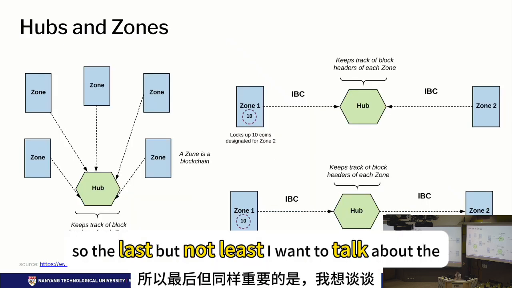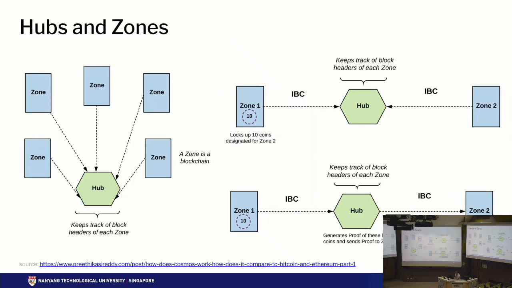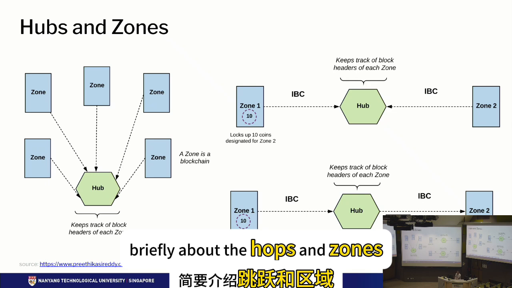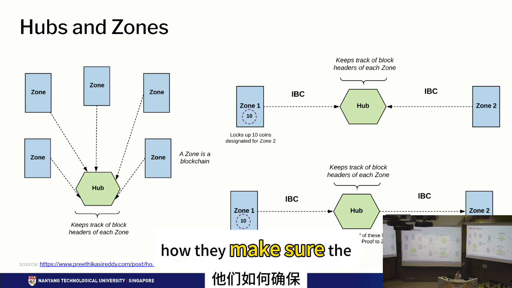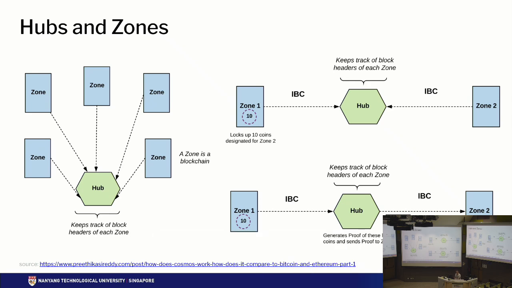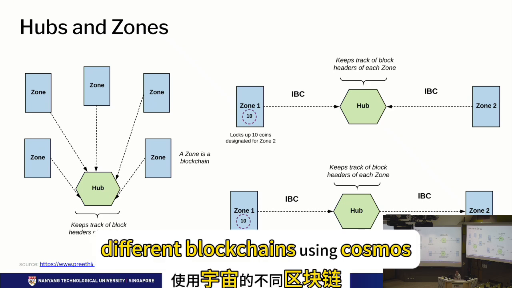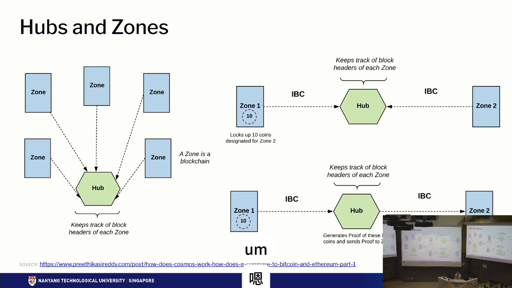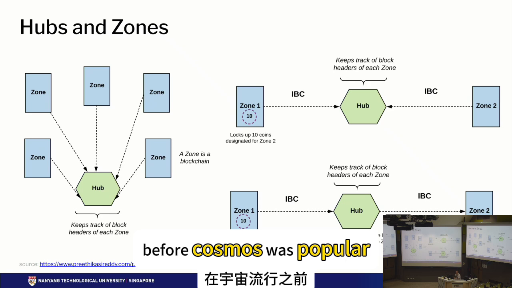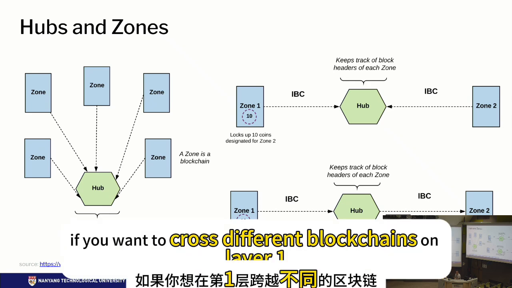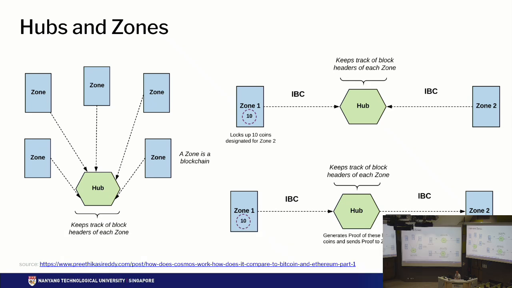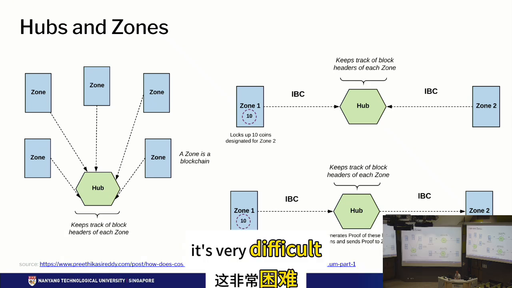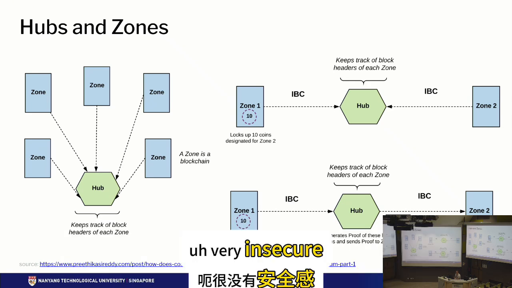Last but not least, I want to talk briefly about the hubs and zones, and how they make sure different blockchains using Cosmos can communicate very easily. Before Cosmos was popular, if you wanted to cross different blockchains on layer one, it was very difficult and very insecure.